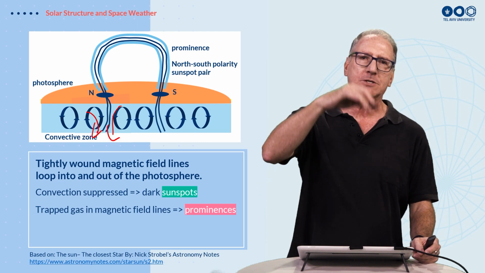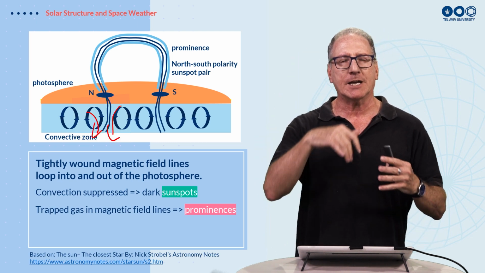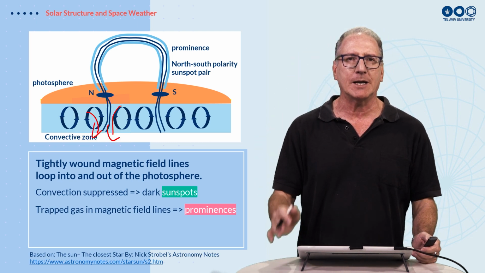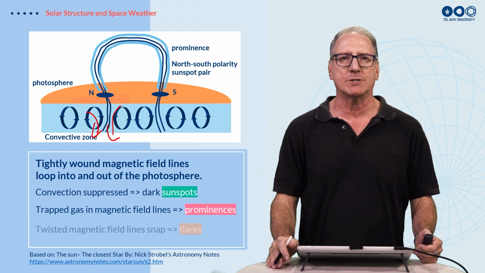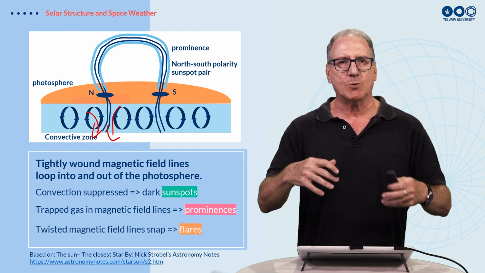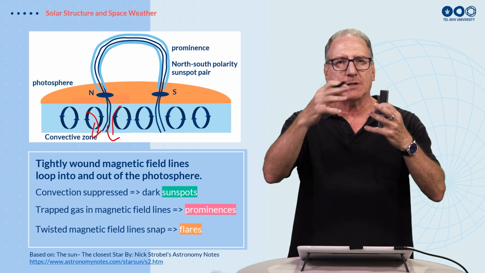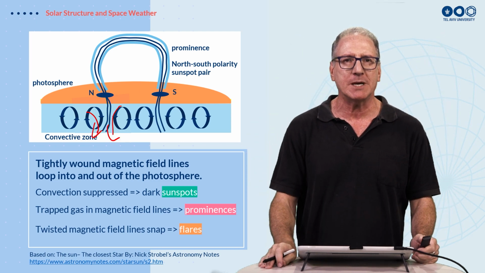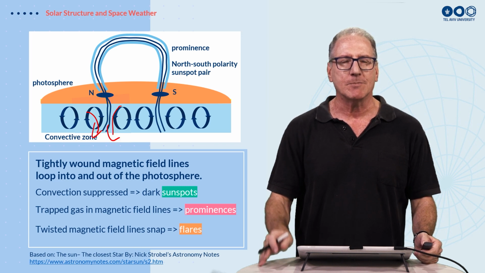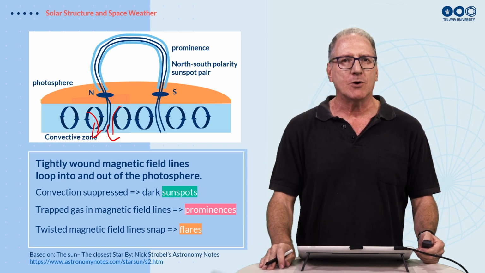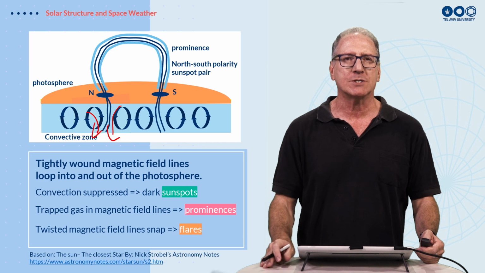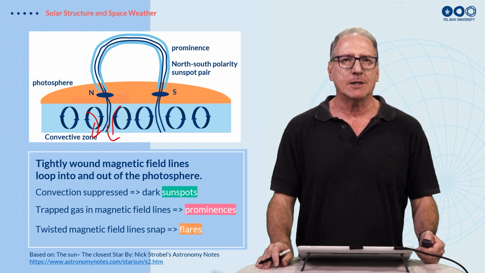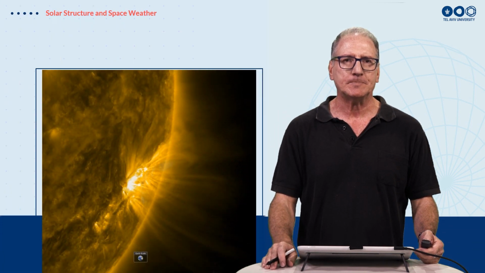And so these particles can go up and come down and trace out the magnetic field line, producing what we call these prominences. And sometimes these magnetic field loops snap, and then the material can flow out into space, and we call these solar flares. So all of these are different terms related to the storms which occur on the sun, and these storms are occurring in the location of the sunspots.